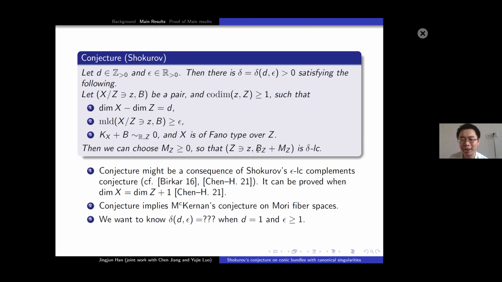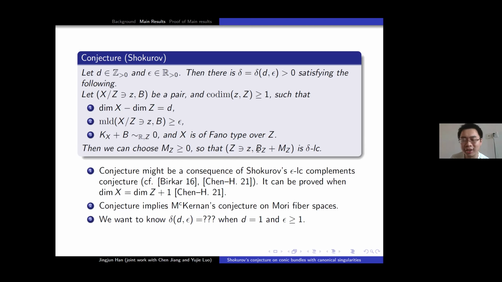In our work, or in the Shokurov conjecture on conic bundles, we want to know exactly the optimal value of delta. Or in general, we would like to know the optimal value of delta d epsilon.